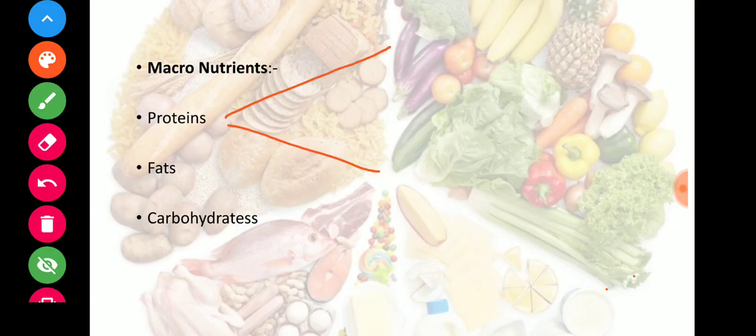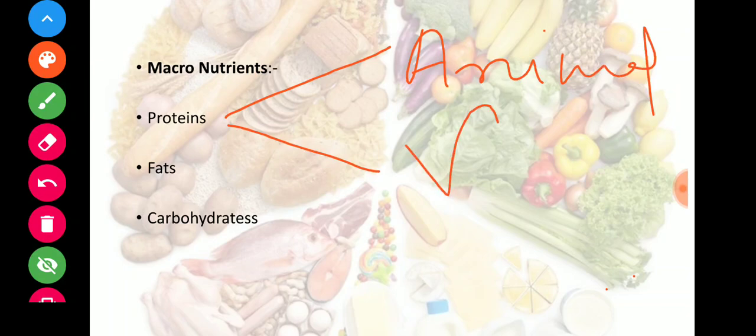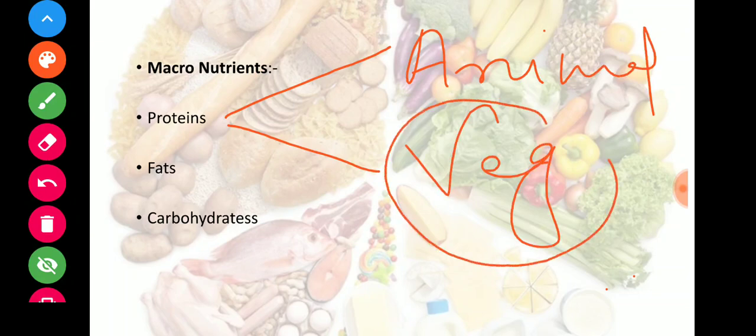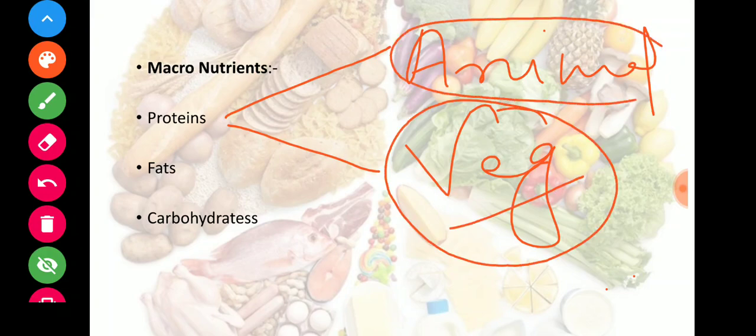There are two main sources of protein, that is, animal protein and vegetable protein. If we are consuming vegetables, we can have protein from them, and also if we are taking products of animals like milk, meat, or anything, that is also giving us proteins.